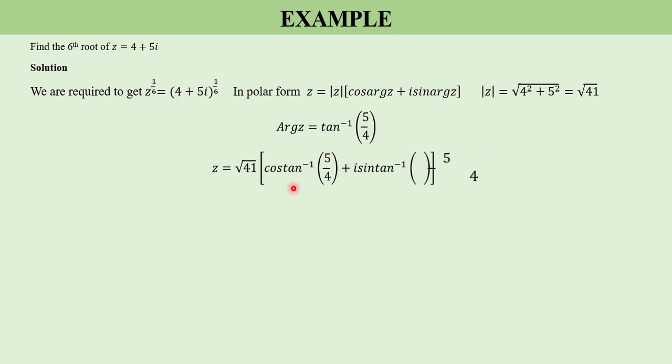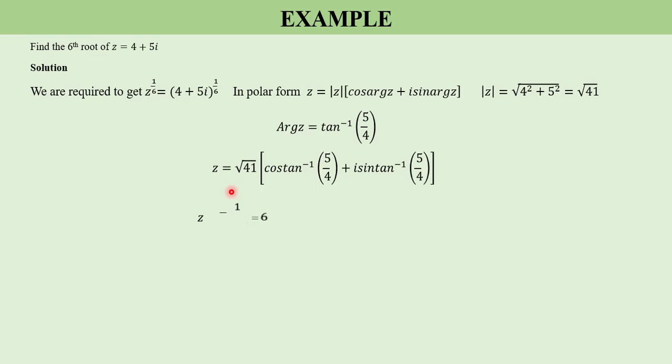Then we take this angle, arg of z, and the absolute value, and substitute them in the expression for the polar form. So we shall have z is equal to the square root of 41 times cos tan inverse 5 over 4 plus i sin tan inverse of 5 over 4. Then the next step is to find the sixth root.